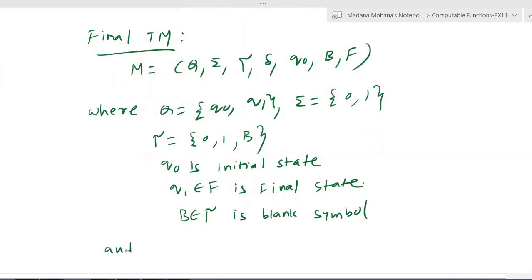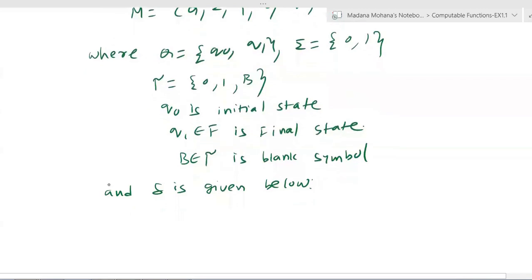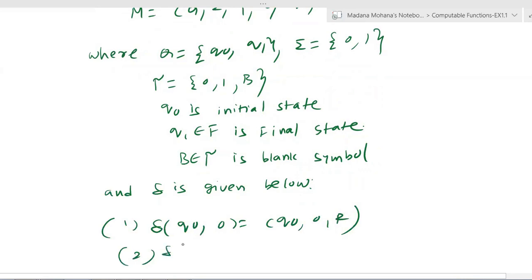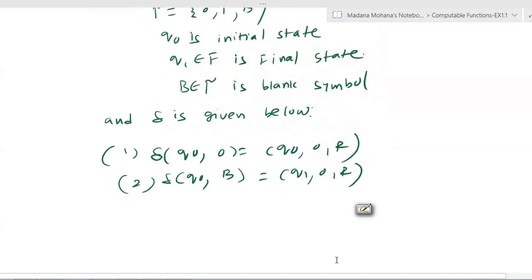And delta is given below. Here we have only two transitions. The first one is delta of q naught on 0 equals q naught 0, then moves right. The second one, delta of q naught on blank equals q1 0, then R. So only two transitions.